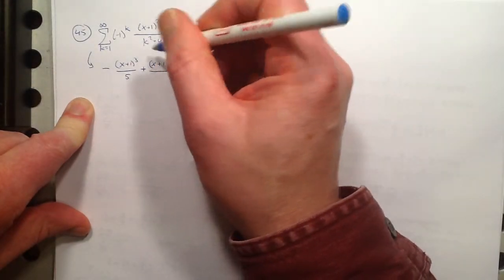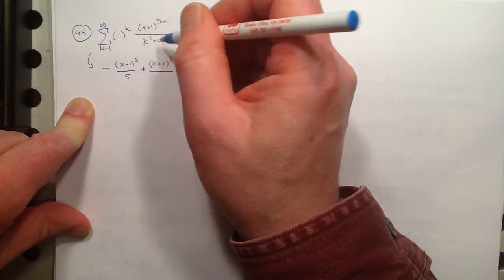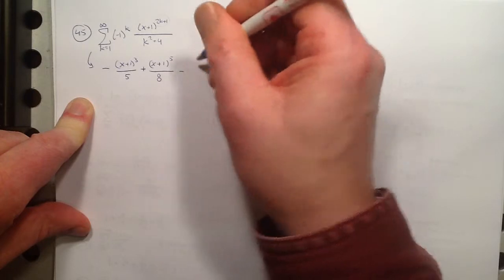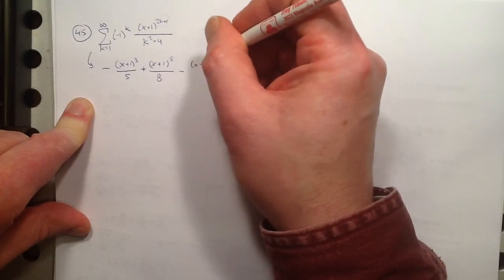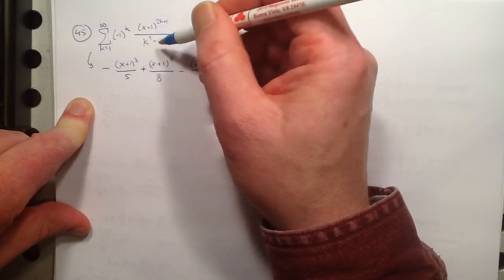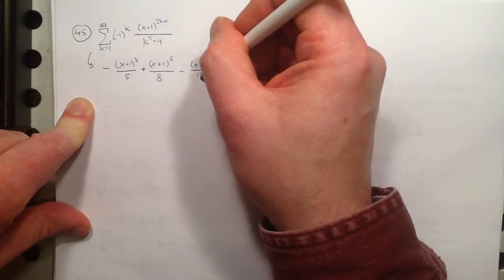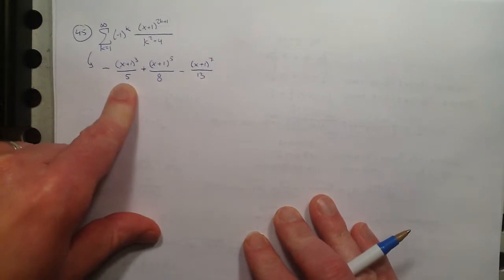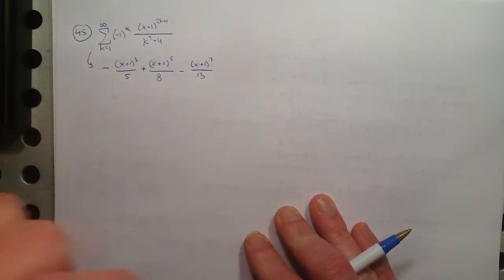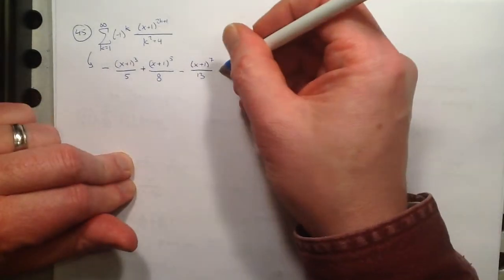And then on the bottom, I have 2 squared plus 4. And then I'm going to have a negative term, next odd number, and then 3 squared is 9 plus 4. So perfect squares plus 4, right? 1 plus 4, 4 plus 4, 9 plus 4, 16 plus 4 would be the next one, and so on.